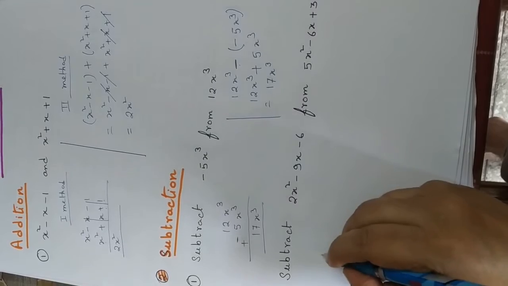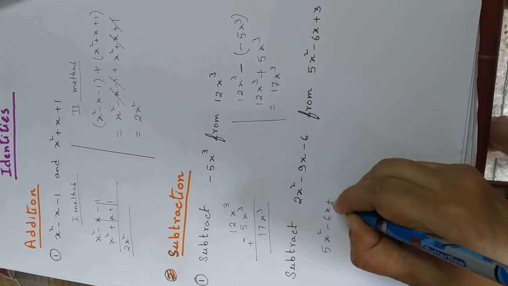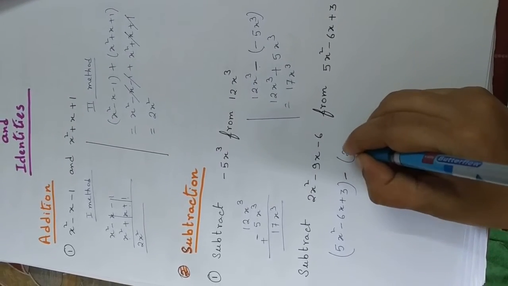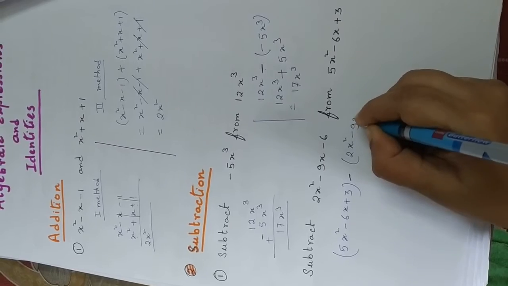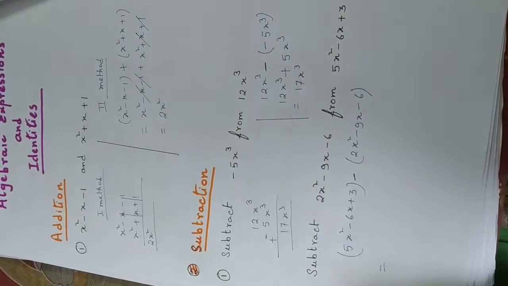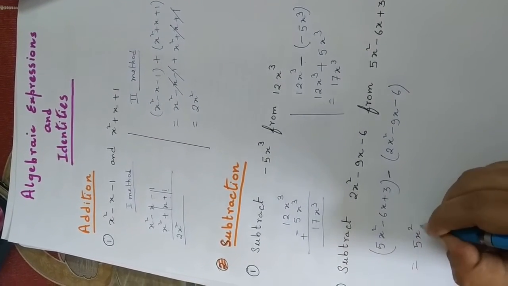So after from, 5x square minus 6x plus 3, minus 2x square minus 9x minus 6. First open the bracket. So the first term, no change in sign, just copy as it is.